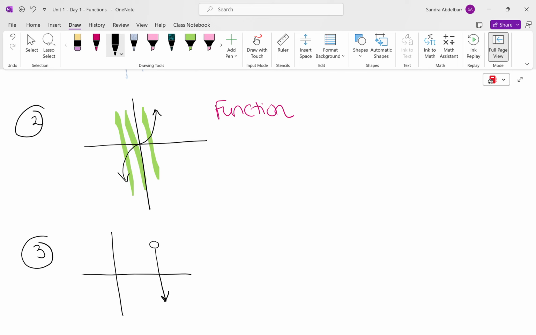Function or not a function? What do y'all think? No, this is just one part of the vertical line, right? It's just like, there's nothing there. There's not even a chance of it maybe being a function. This is absolutely not a function.